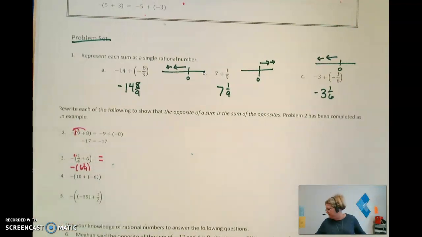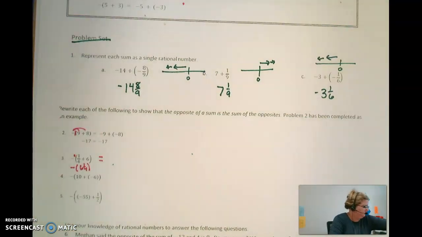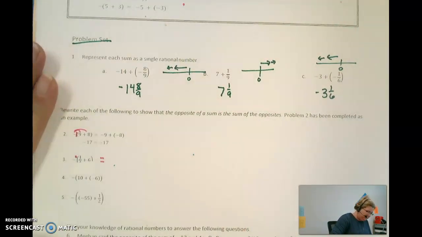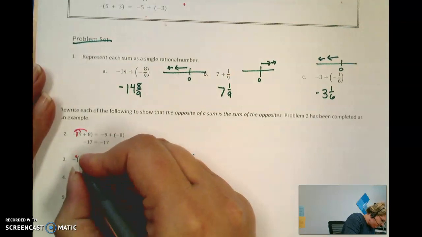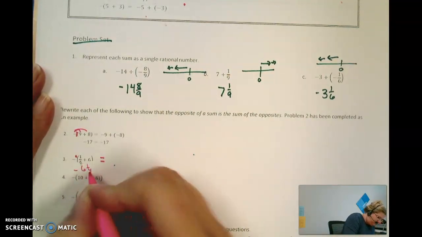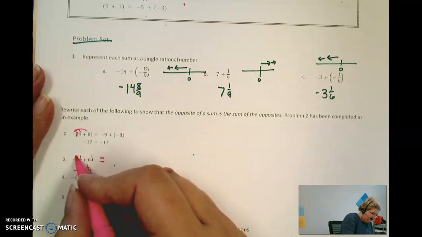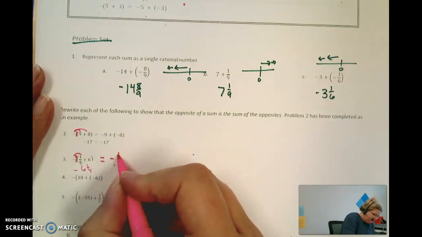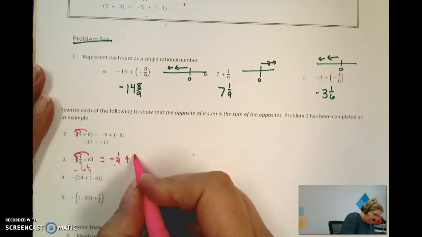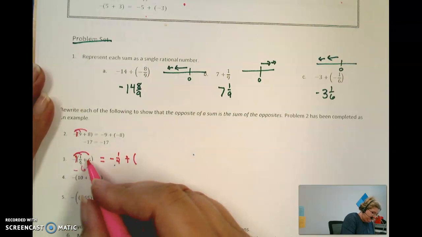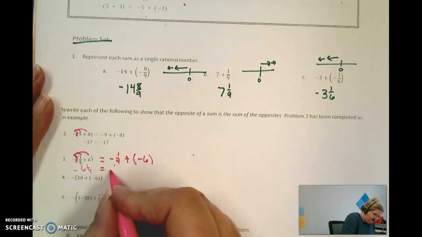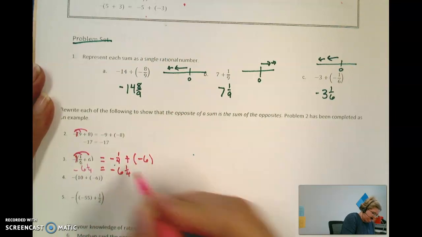I think they're wanting us to write it according to the example above it. They're wanting us to write it this way. Negative 1 times 1/4 is negative 1/4. The opposite of 6 is negative 6. So that would also be negative 6 and 1/4.